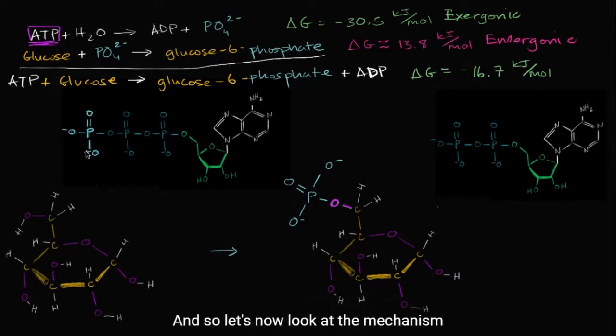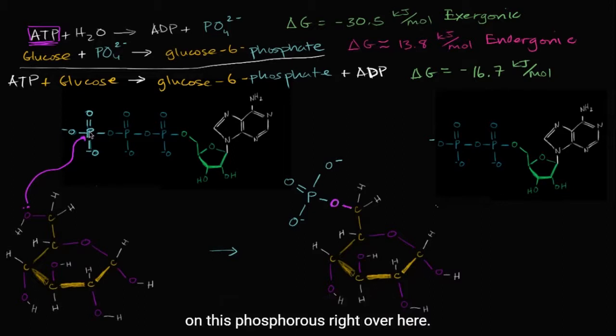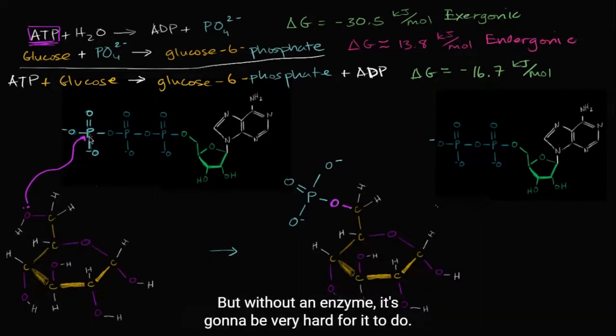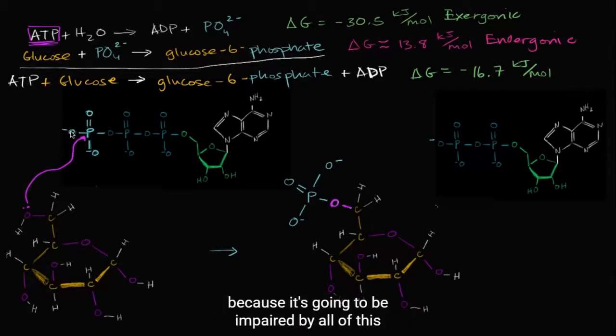And so let's now look at the mechanism of what happens. Now, without an enzyme, the way this reaction needs to happen is that you have an electron pair over here, and it needs to do what's called a nucleophilic attack on this phosphorus. Without an enzyme, it's going to be very hard for it to get through the activation barrier because it's going to be fighting this negative charge from this oxygen.